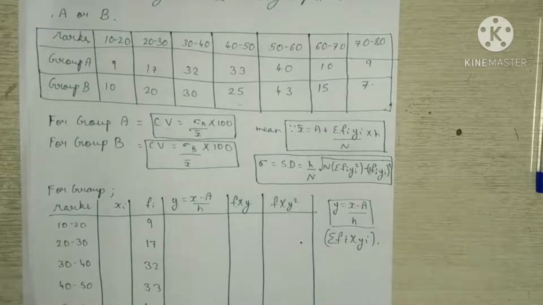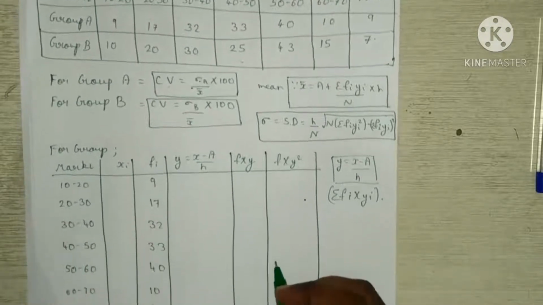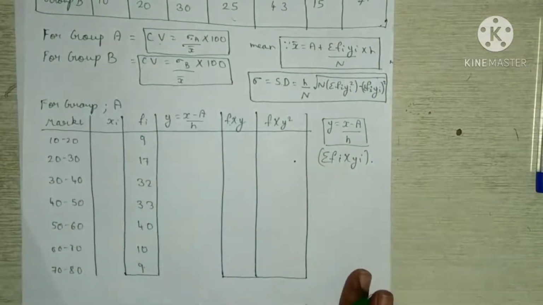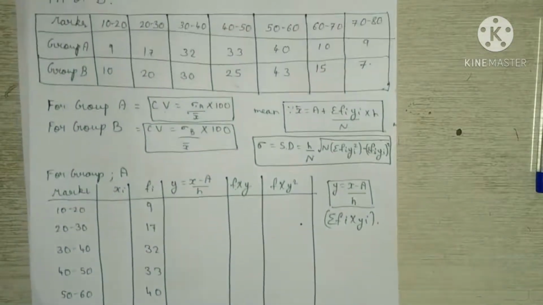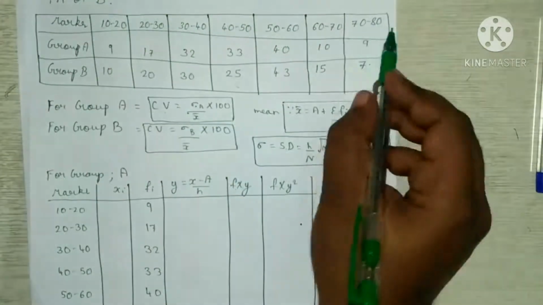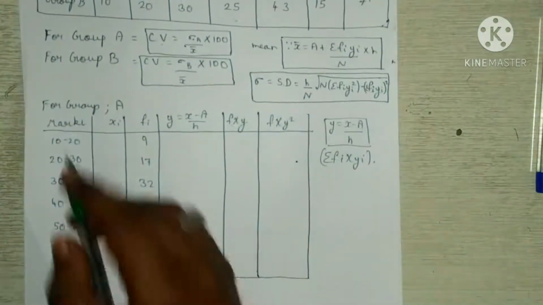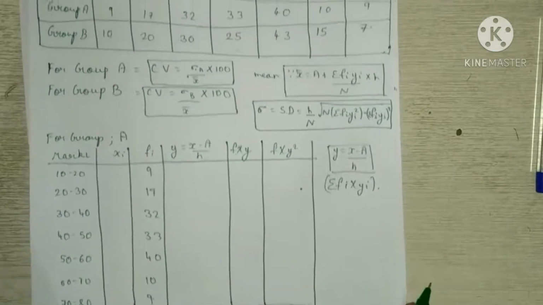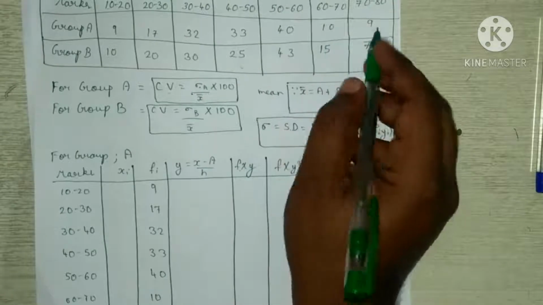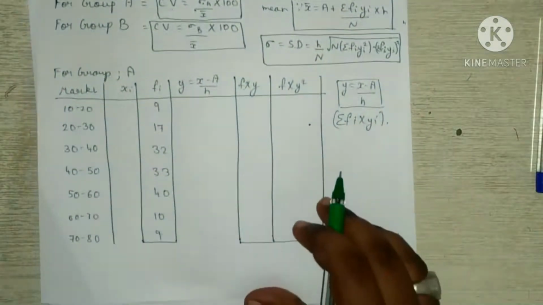Before that, we need to find the x value for group A. This is group A. Marks obtained is 10 to 20, and so on, a total of 7 classes in the marks column. Next, the frequencies are 9, 17, 32, 33, 40, 10, 9.